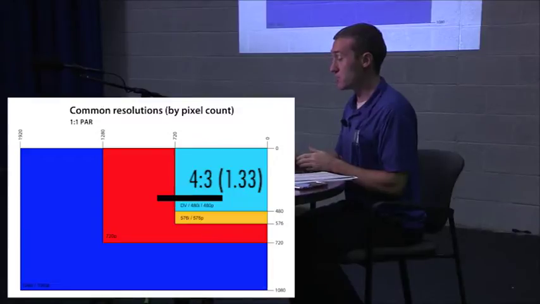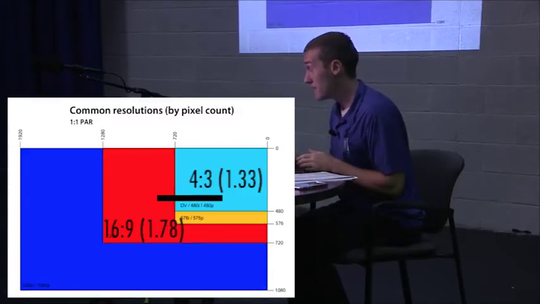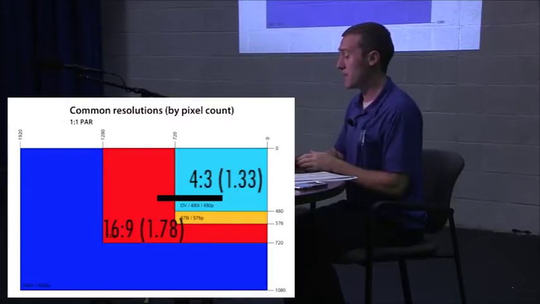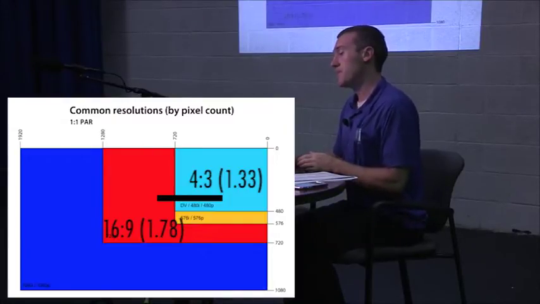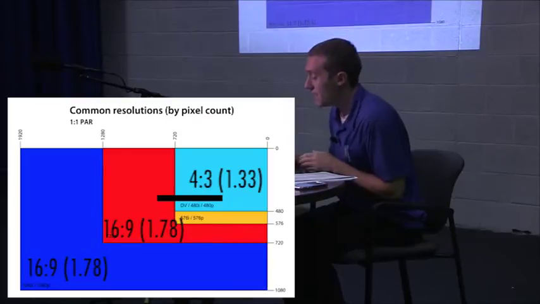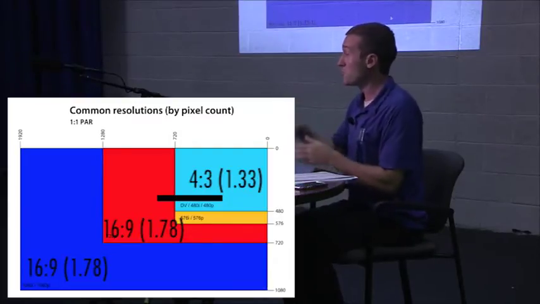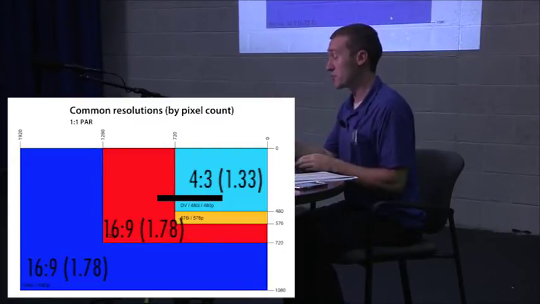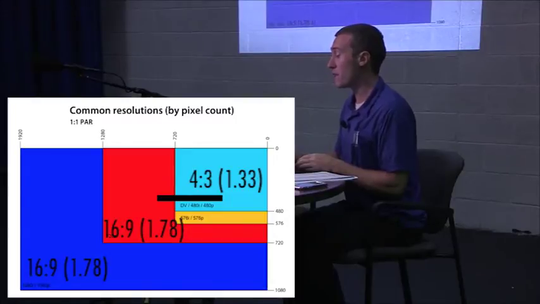And this 720 image resolution is a 16:9 aspect ratio, 1.78. And then the 1080 is a 16:9 also. So we've got two 16:9 aspect ratios, and then one 4:3 aspect ratio.